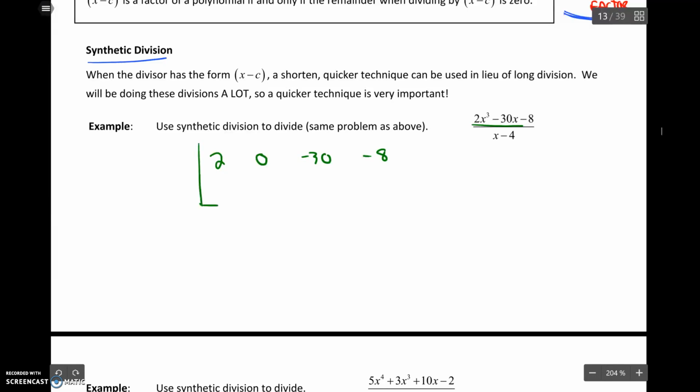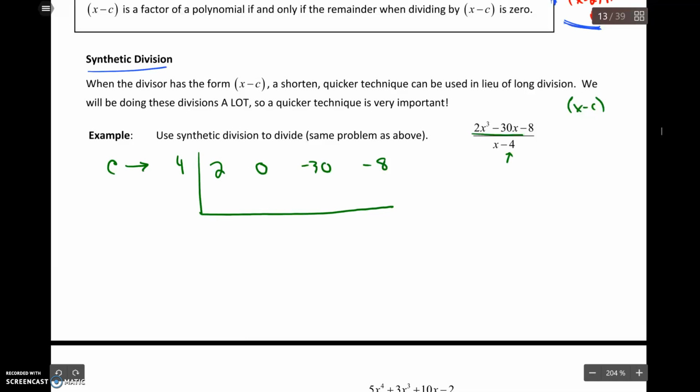Then I'm going to draw a little division structure where I have room for a set of numbers. And then I'm going to put this 4 right here. The factor is x minus c, so I'm putting the c value here. If you see x minus 4, you take the opposite of the negative 4 and put a positive 4. So here's the process.